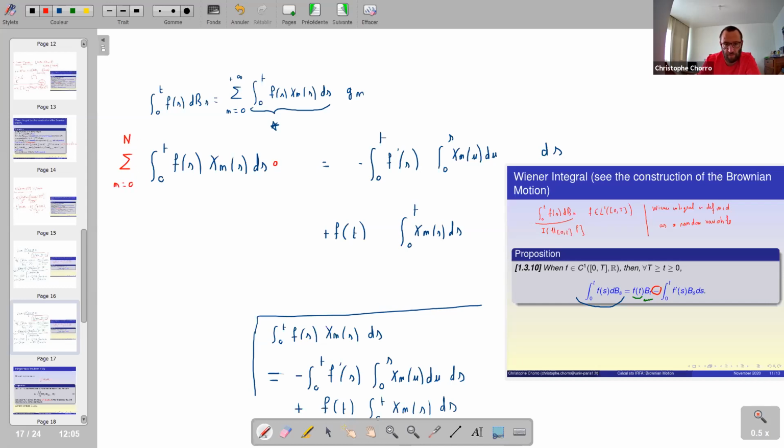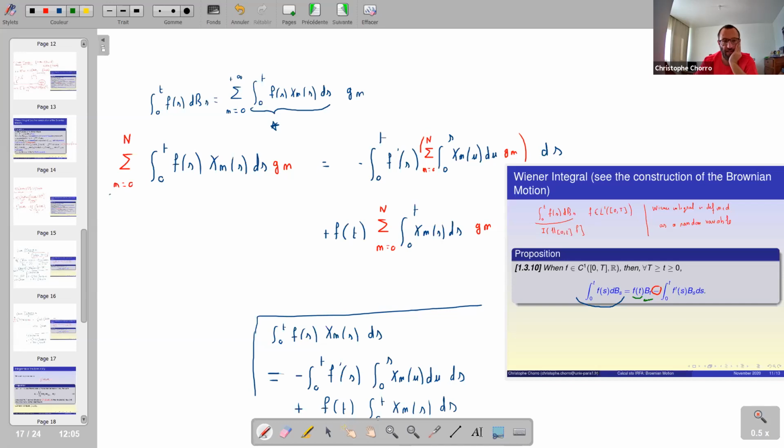I multiply by Gn, and I do the same here. By linearity of the integral I can write this, because here I have a term that doesn't depend on n, and here I have the sum from n equal to 0 to capital N of Gn.